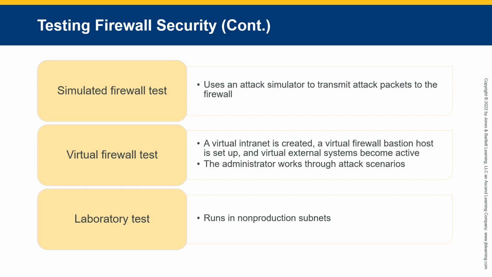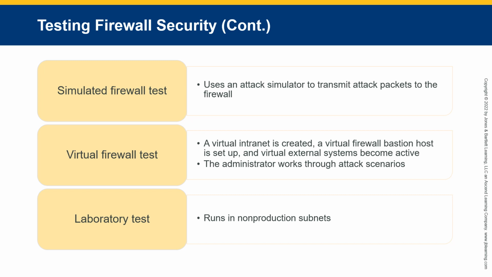You also want to do things like your simulator firewall test. This is where you could use something like LoadRunner to transmit packets to the firewall and see what it does. You can do virtual firewall tests. This is where you set up a bastion host on the outside, and you use it to see what virtual external systems become active, just to see what it's like on the outside.